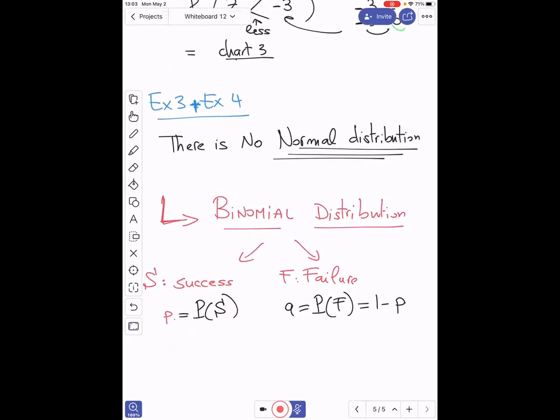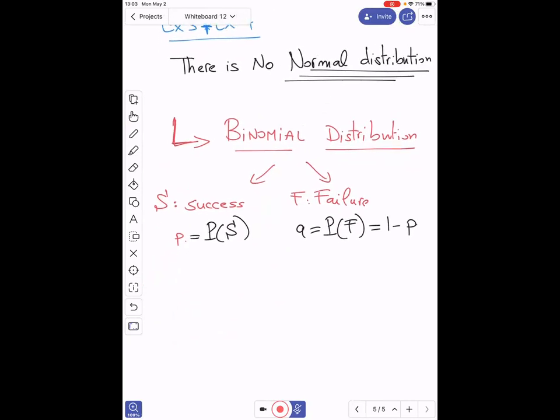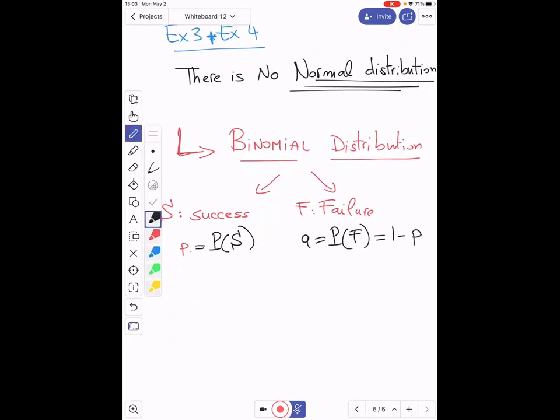Now, the problem with the binomial distribution is you need to know what will be a success, because in a binomial distribution you have two possible outcomes, success and failure. So you need to understand what will be a success in this problem, because you need to find the probability of success P, which is what we're going to use in our formulas.